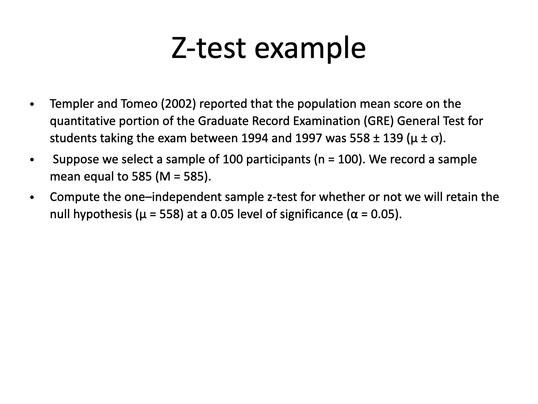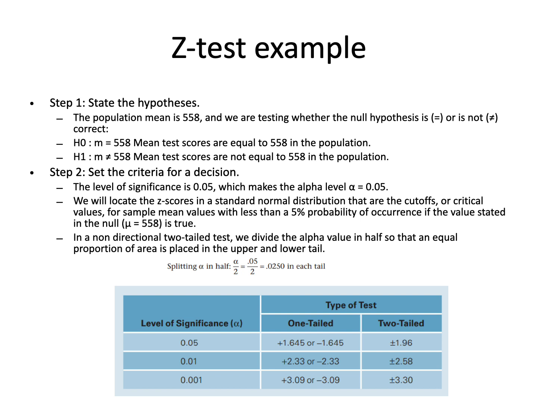M is equal to 585. Now we have to test whether the null hypothesis is correct or not. First, we will state the hypothesis, and here the population mean is 558, and we are testing whether the null hypothesis is correct or not.